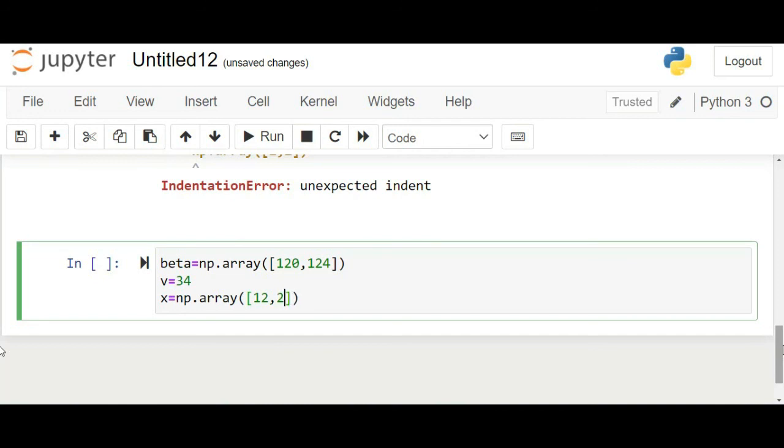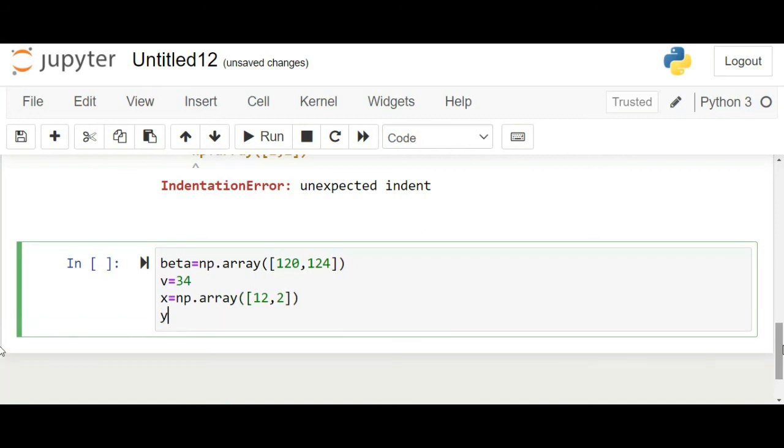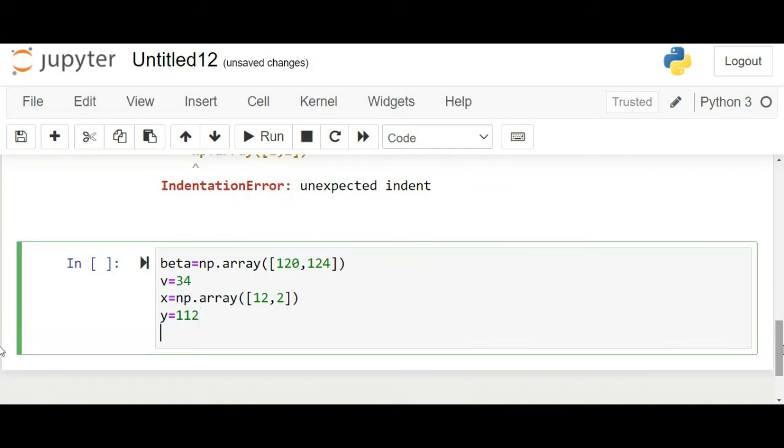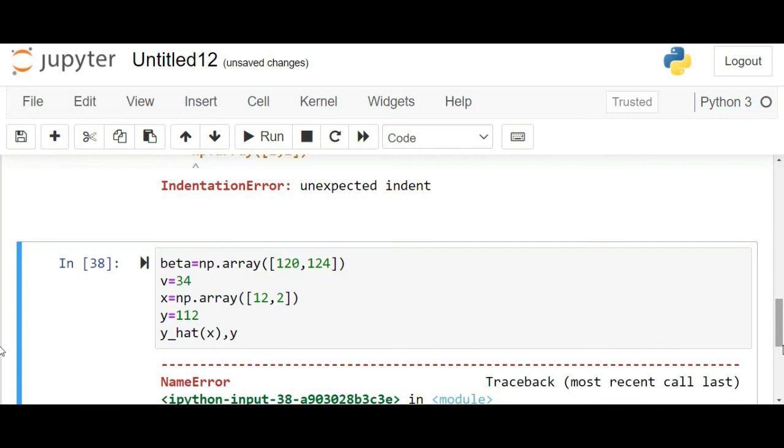Then y is equal to, just like, 112, and y underscore hat of x comma y, again the error.